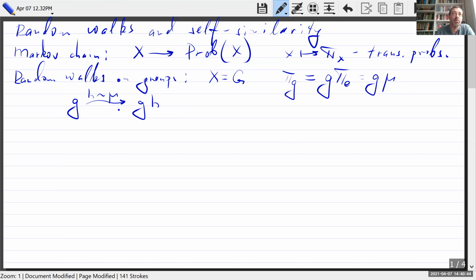In particular, if we start at time 0 from the identity of the group, then at time 1 we will be at the point h1, where h1 is the first increment, and so forth. At time n, we will be at the point which is just the product of n increments. All these increments were selected at each step independently and following the same distribution.